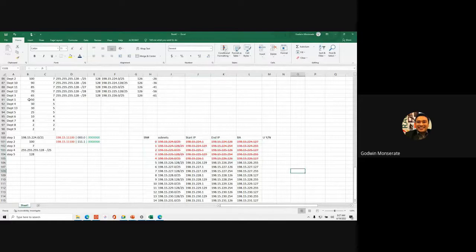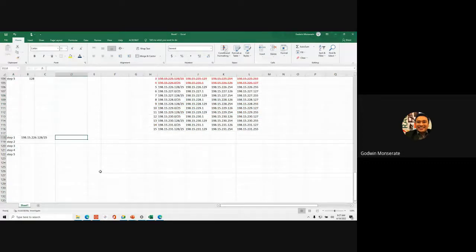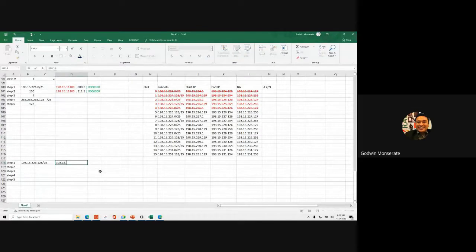So, how are we going to compute for the 56? We'll get the number 5 here and we'll do the computation. Okay? Step number 1 to 5. Then 198.226.226.128. So 1, 2, 3, 4, 5, 6, 7, 8, and we look for /25 until here.